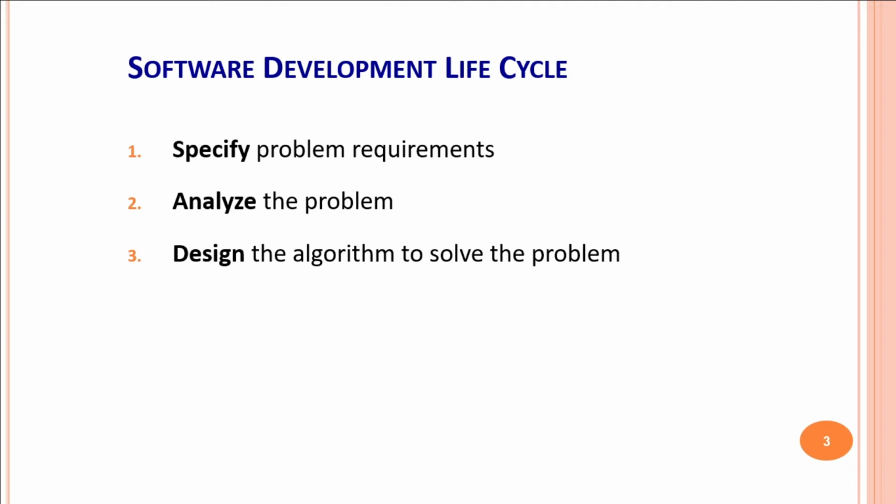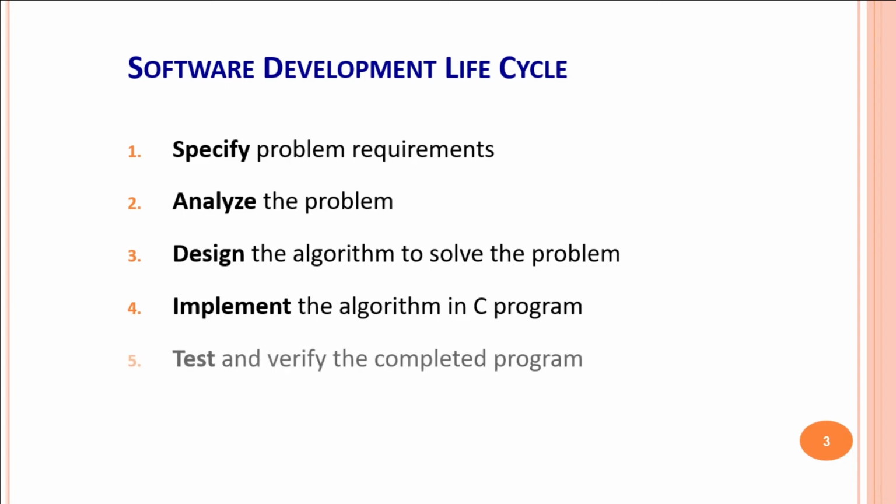Third step: once the algorithm has been designed, the procedure you have written either in the form of pseudocode, English-like, without any programming language syntax, or a pictorial representation by means of a flowchart, you implement the algorithm as a C program. So once the algorithm has been designed, code it in the C programming language.